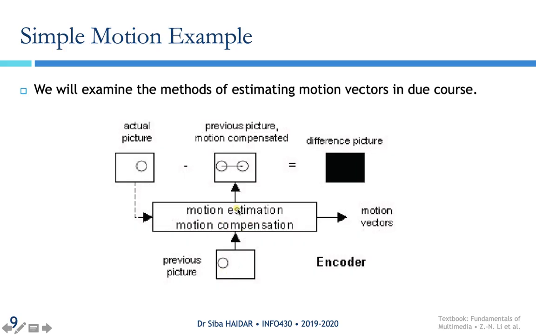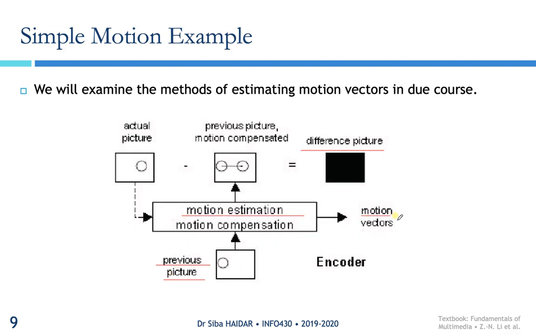When we obtain the motion vector, we apply it to the previous picture, and we obtain the motion compensated previous picture. This picture we will also not be coding. We will only be coding the difference between the actual picture and this one.